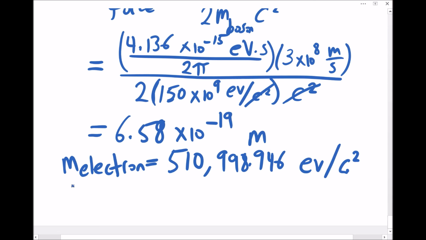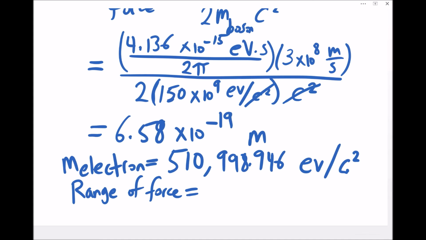Now if we were to find the range of the force of an electron, calculating the range of force on this electron, we get 1.93 times 10 to the negative 13 meters. Notice how much bigger this is than the Higgs boson particle, and this is simply because the Higgs boson is the smallest part that makes up the Higgs field.